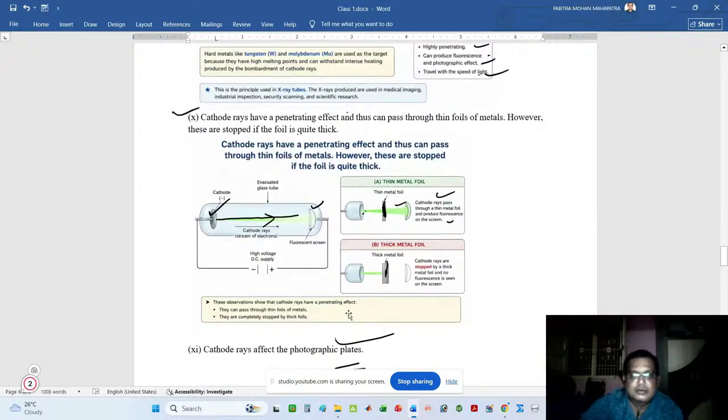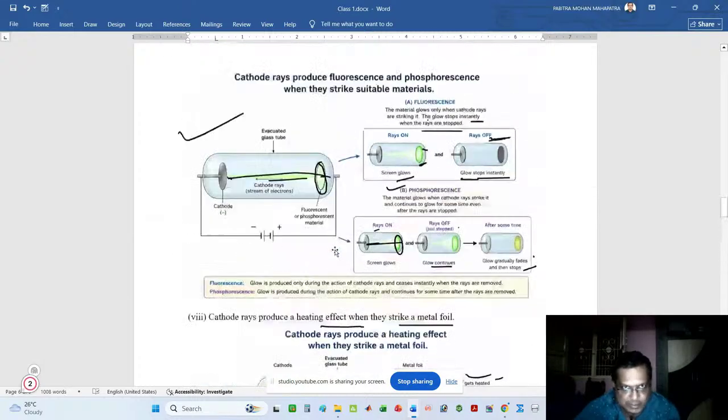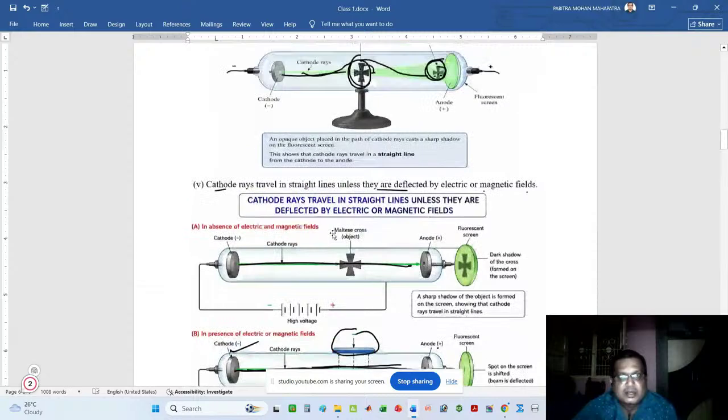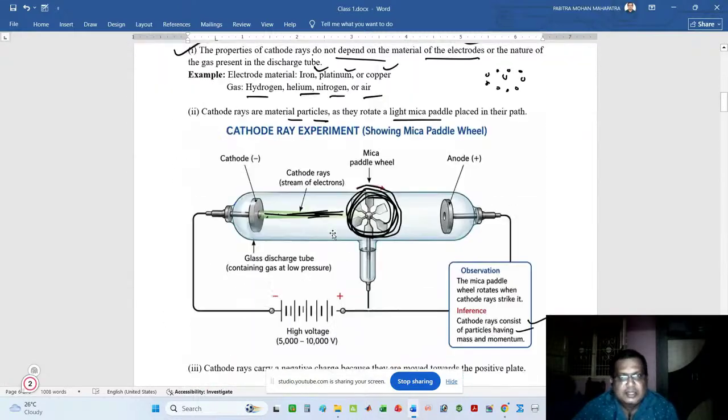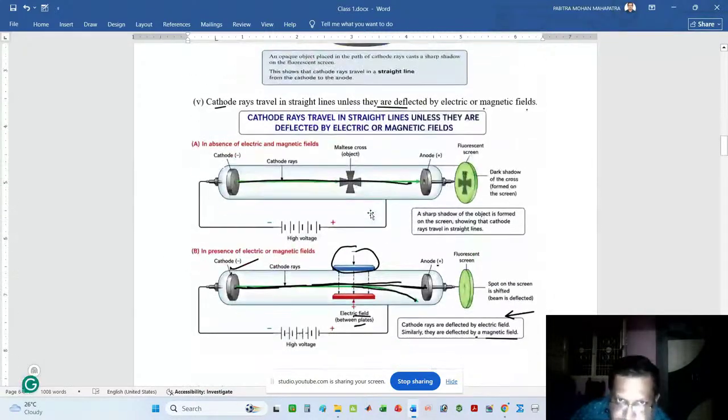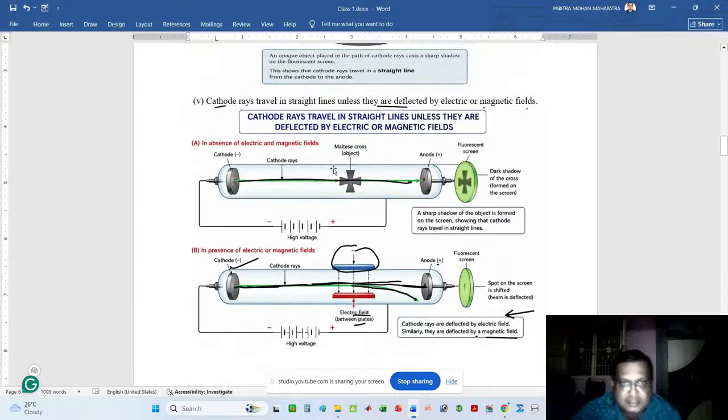Again, I want to revise the properties of cathode rays. Listen to an important point about this diagram. A few parts are wrong, so do not think about the wrong diagram. I have given the diagram just for your better understanding, but when I supply the notes, I will not give these parts.